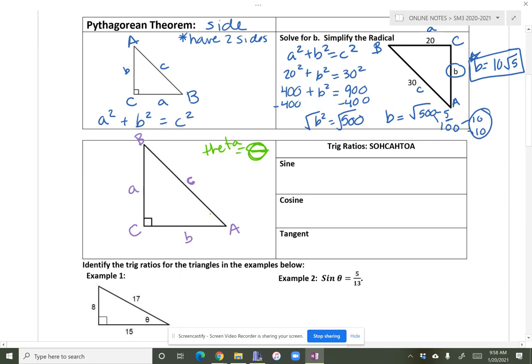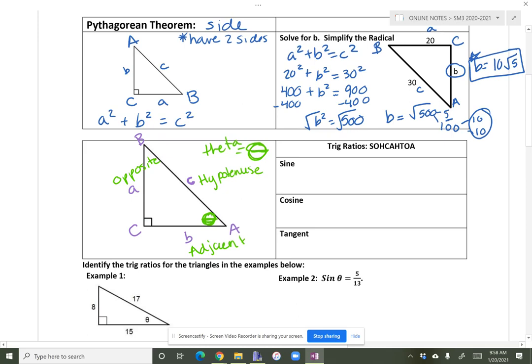So if I put theta right here, I have to label the sides of the triangle based off of that theta. And we have an opposite, adjacent, and hypotenuse. So this side is the opposite. This side is adjacent. And C will always be your hypotenuse.